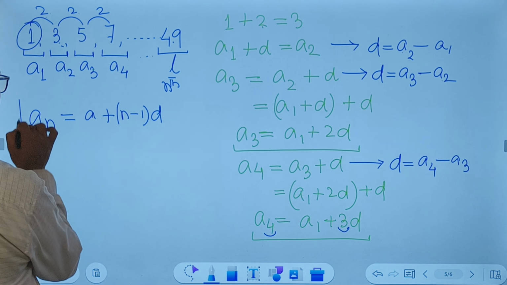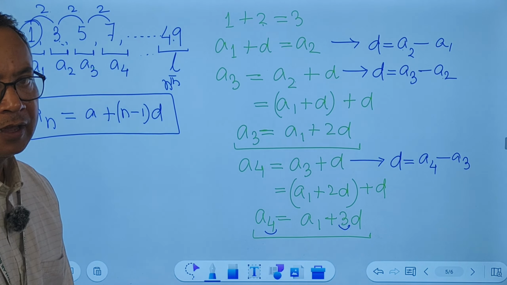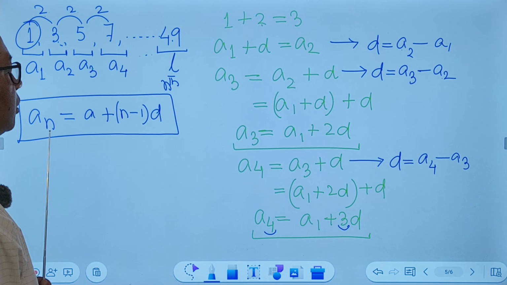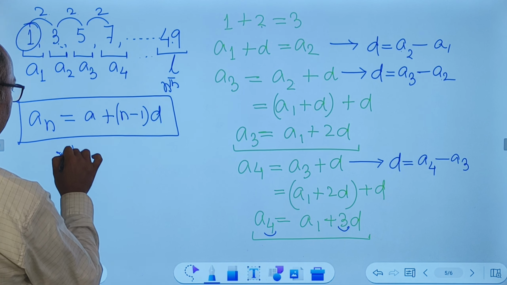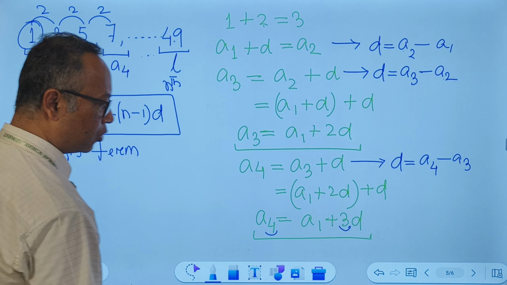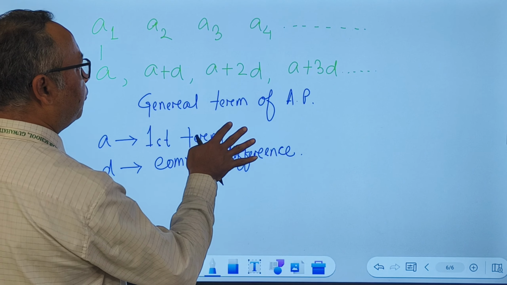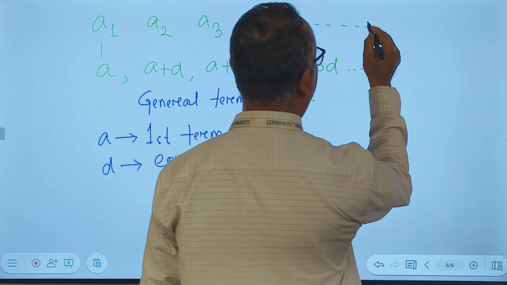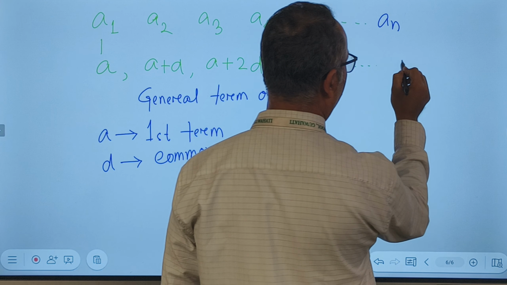So this is how actually we can find the nth term. This is called the nth term. So in this particular case, if we have to find the nth term, how we can find it?